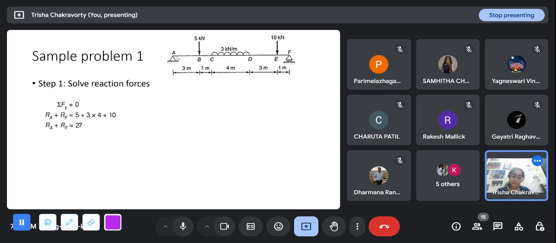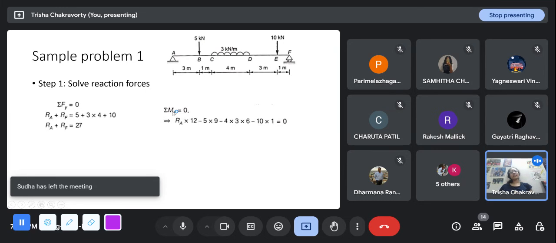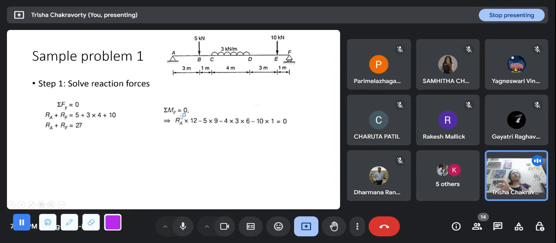The other is sigma Mz equal to 0, taking z as the axis perpendicular to the plane. If moment is conserved in a plane, you can pick any point and add the moments due to all the forces and reactions along with sign, and equate it to 0.